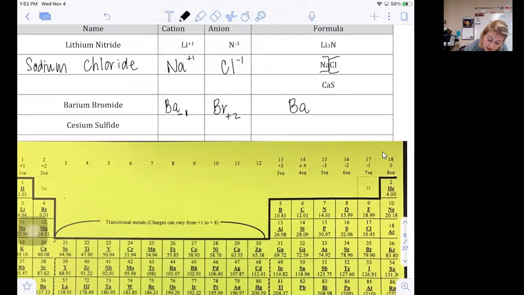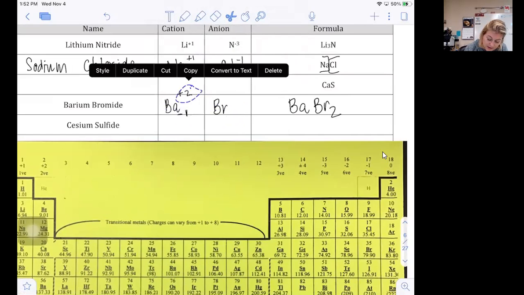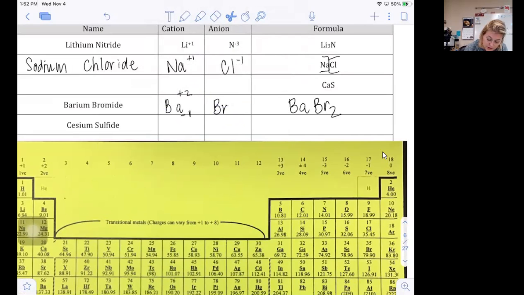So it's going to be BaBr2. Okay, and then make sure you don't actually write those charges with them crisscrossed, okay?